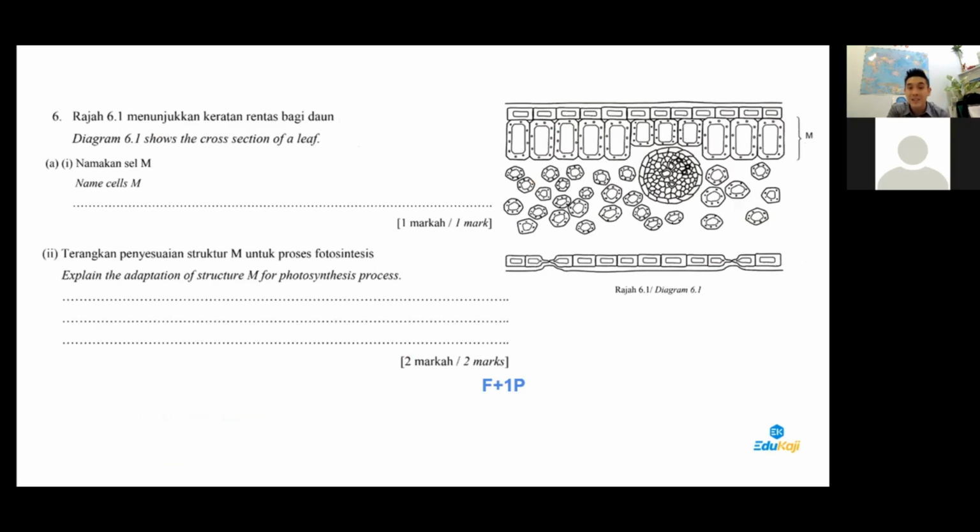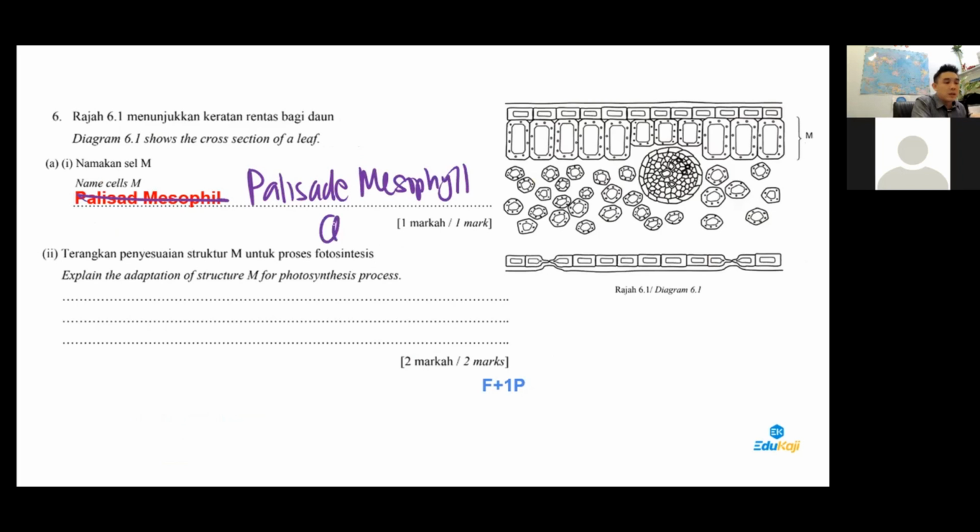Okay, guys, question 6 here. Name cell M. This is a palisade mesophyll cell. Guys, draw one star. Very common question as well. There are many answers.